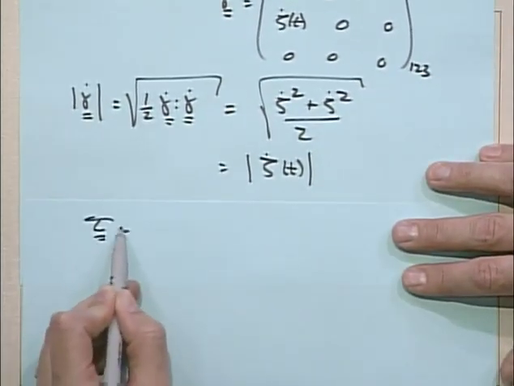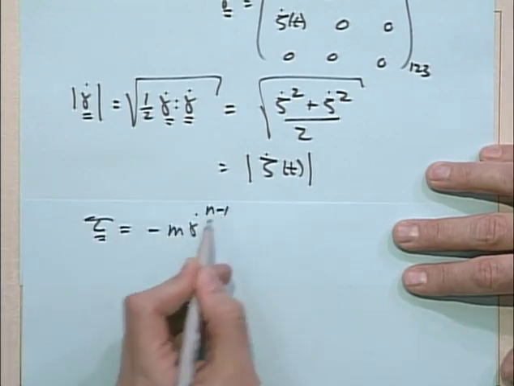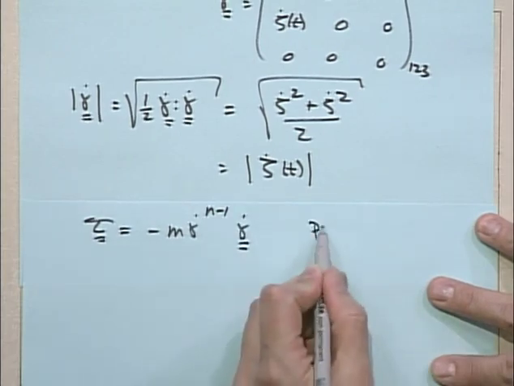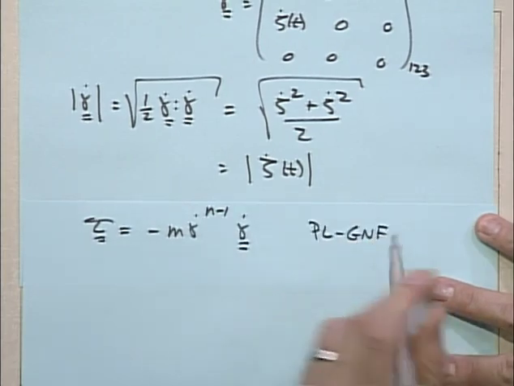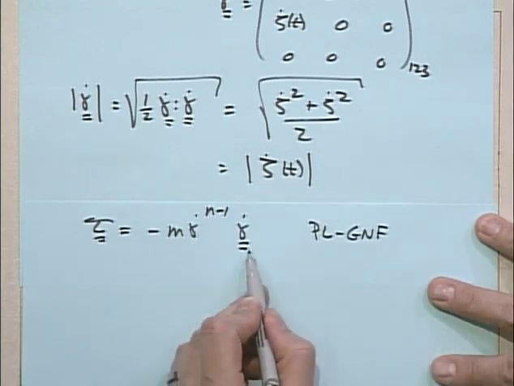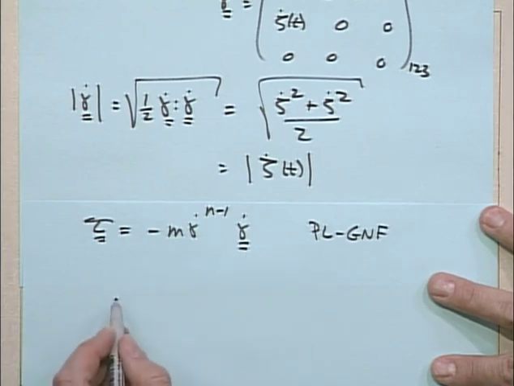Tau equals minus m gamma dot to the n minus 1 times gamma dot the tensor. That's the power law generalized Newtonian fluid. We've calculated gamma dot. We've calculated gamma dot the tensor. So we just plug them all in.